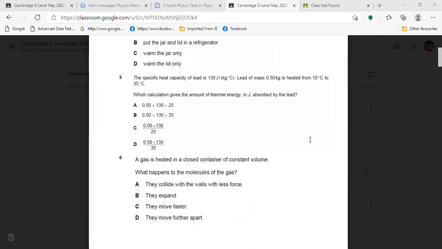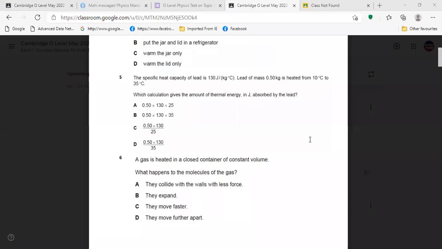We can rearrange the formula, right? Q equals mc del theta, and we can write C equals Q by m del theta, isn't it? Please respond, everyone.